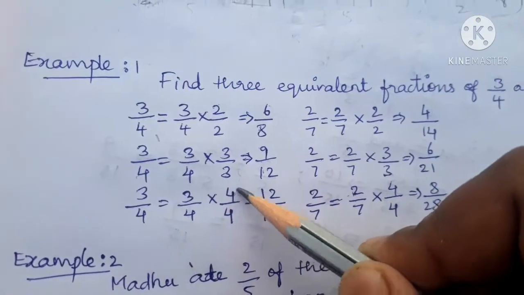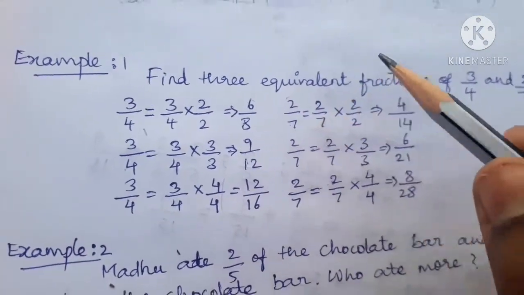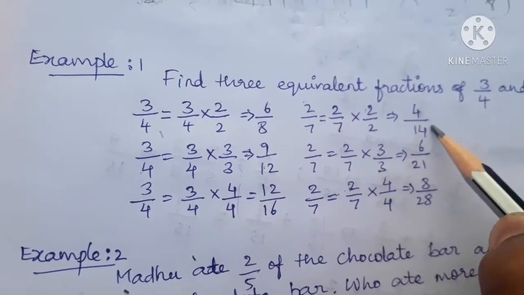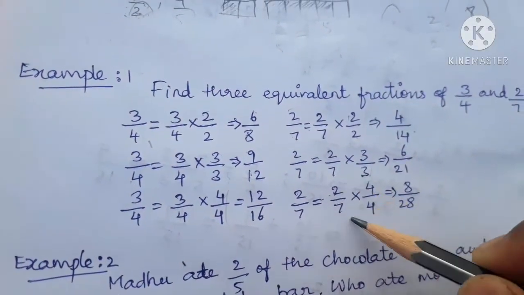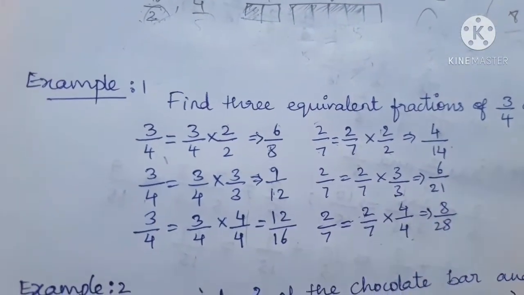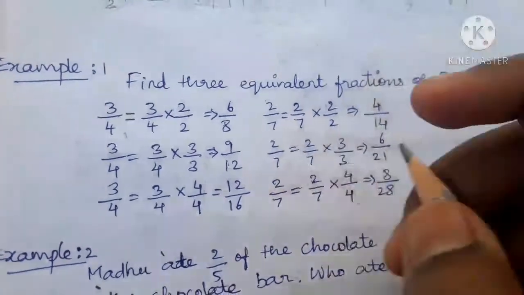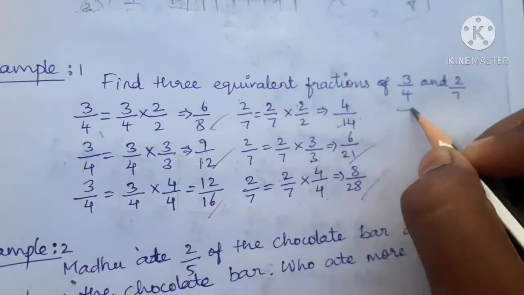Then multiply by 4 by 4, you will get 12 by 16. Then 2 by 7 into 2 by 2 is 4 by 14. 2 by 7 into 3 by 3 is 6 by 21. And 2 by 7 into 4 by 4 is 8 by 28. So now you have found three equivalent fractions of the given fractions.